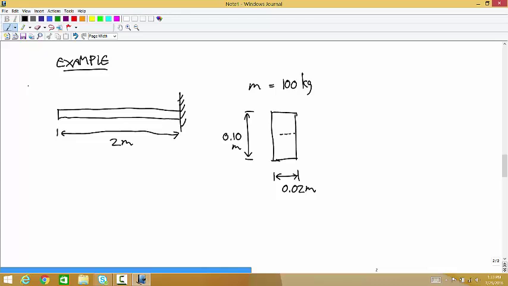So if this is the neutral axis, we want to calculate the stress tensor on a line halfway between the neutral axis and the top. So we want to calculate the stress tensor here, and we also need to know in the x-y plane where we're looking, so we want to do that at the midpoint, let's say.